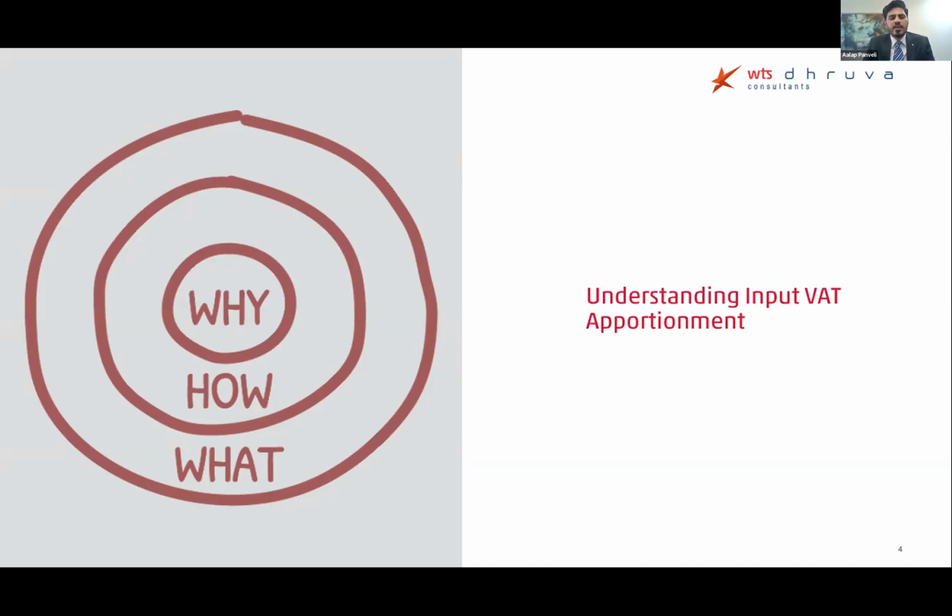Before I start, let me tell you about a small interaction that I had with one of my friends this morning. He called me and said that he sees we are doing a webinar on input tax apportionment, but this has been there since day one, it's not something new, not something where there are recent changes or developments.